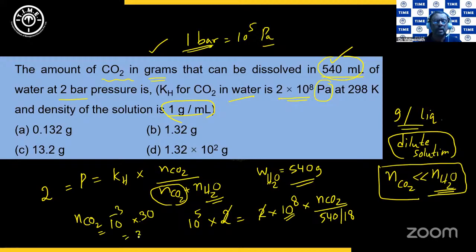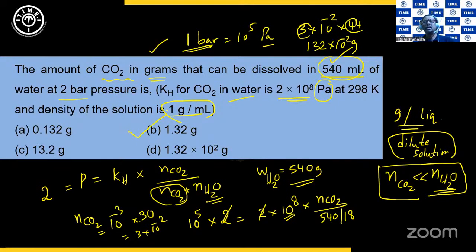So this is 3 into 10 power minus 2. This is moles. How to get the grams? Multiply the moles with the molar mass. So 3 into 10 power minus 2 multiplied by 44. 44 3s are how much? 132. So 132 into 10 power minus 2 grams is 1.32 grams. So B is the answer.